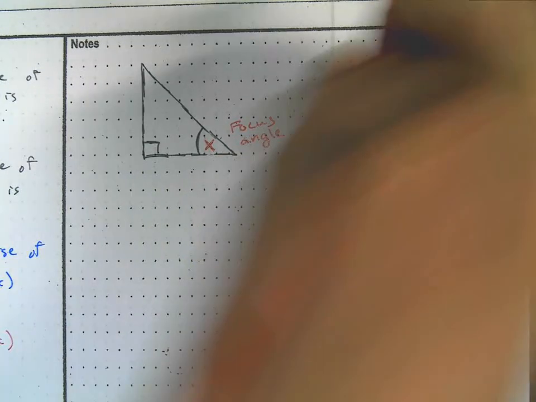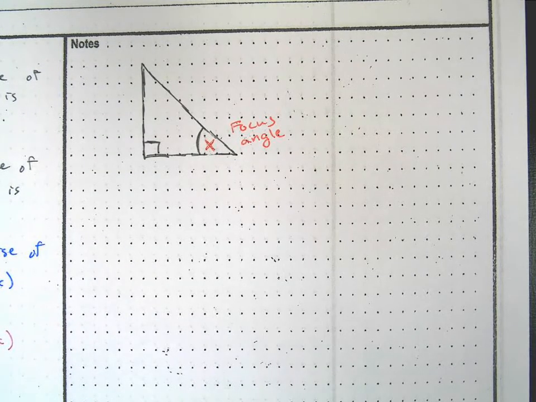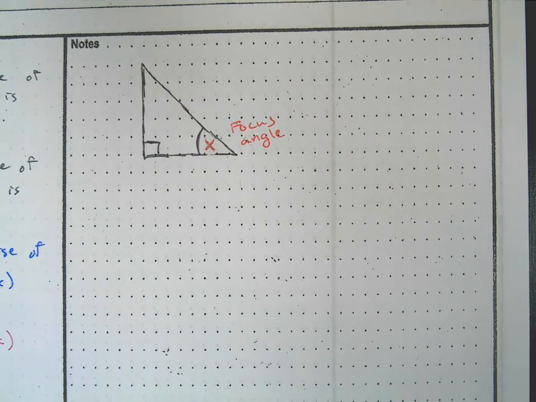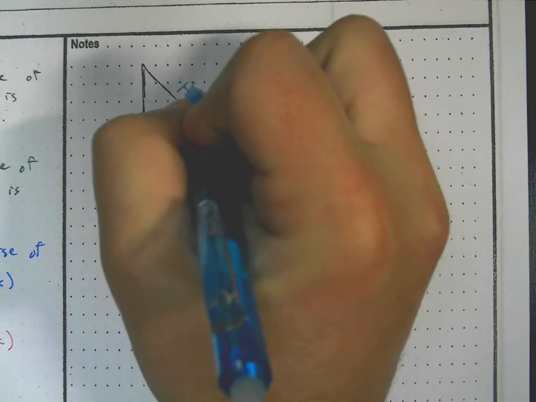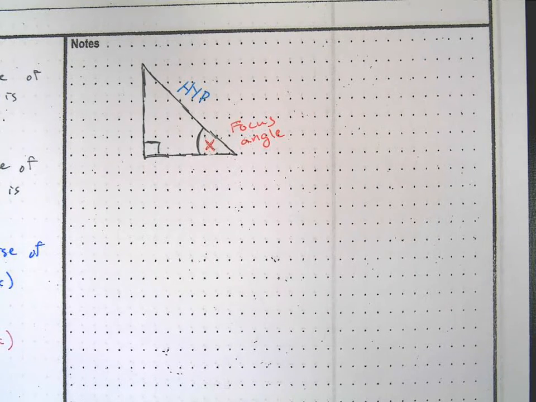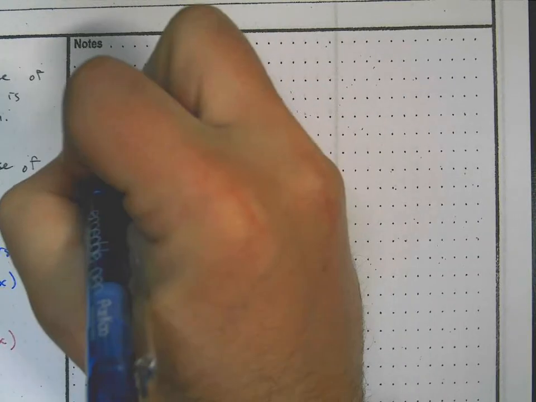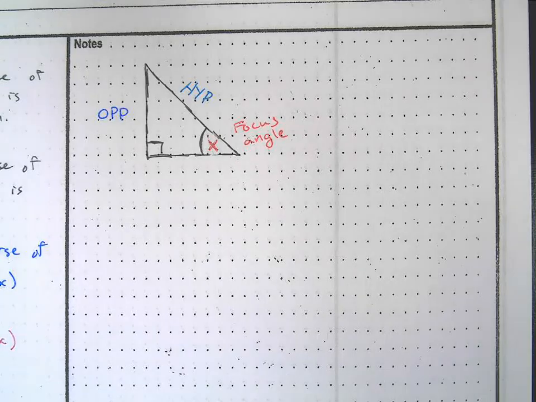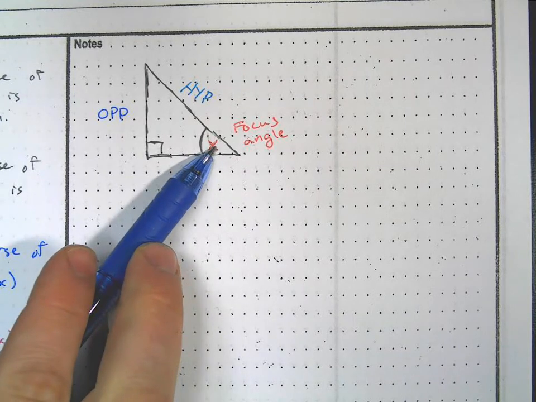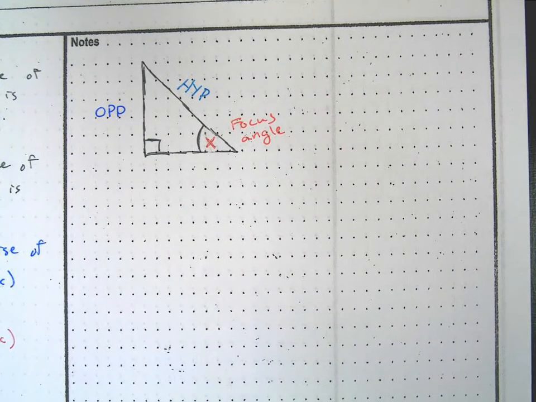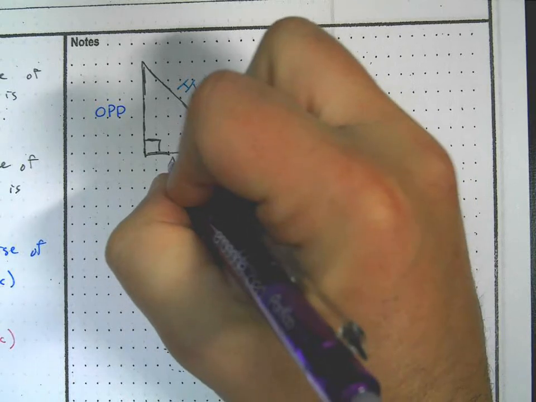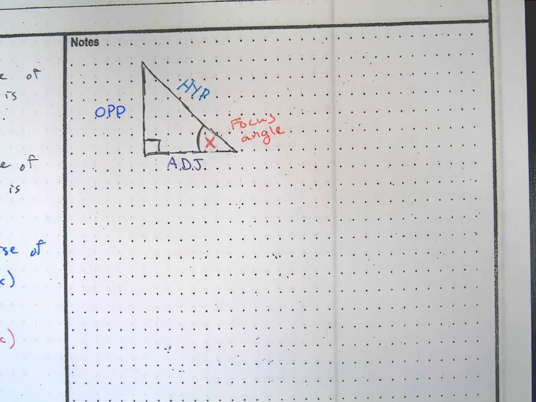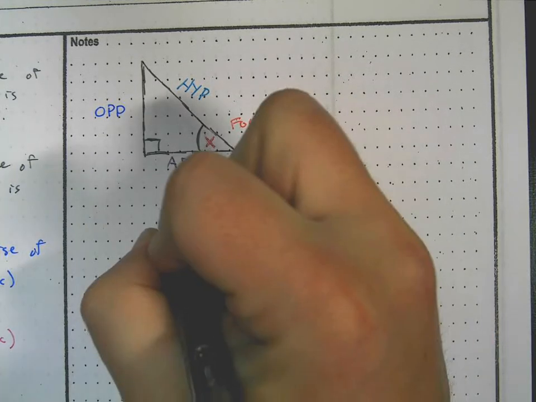And once I know what my focus angle is, now I can label all the sides of my triangle. We had the hypotenuse, and then our opposite side, we're calling OPP, across from my focus angle. So I look across from here to find my opposite, and then my adjacent is the side touching the focus angle.